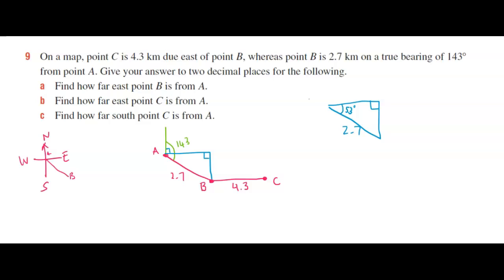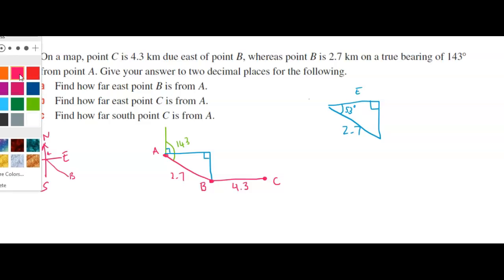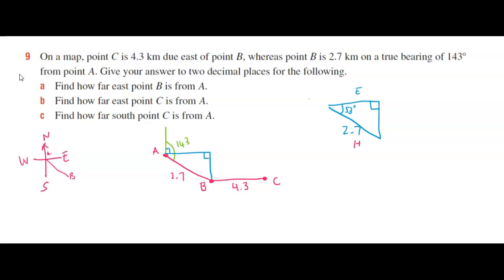And, okay, so we're doing how far east? I'm going to just use E again. Label your triangle. So H, O, A. So hypotenuse is 2.7. Opposite, we don't need to cross it out.